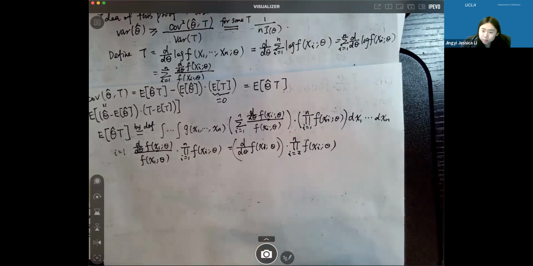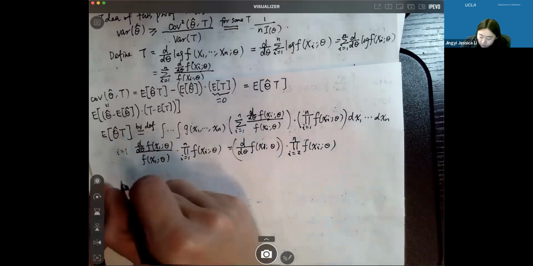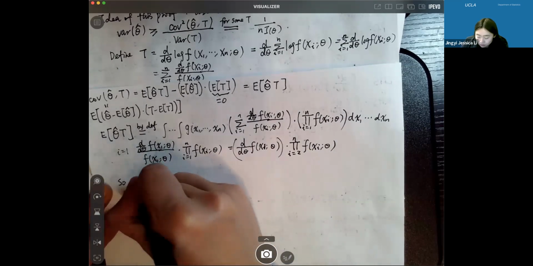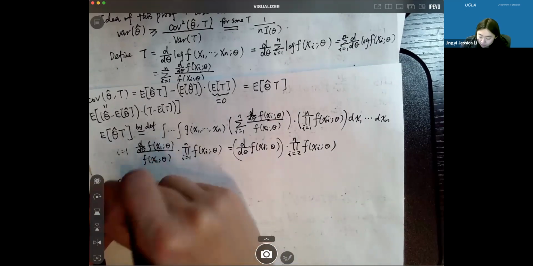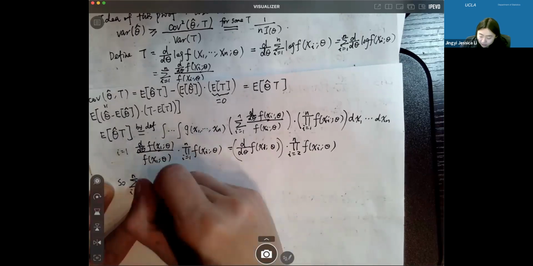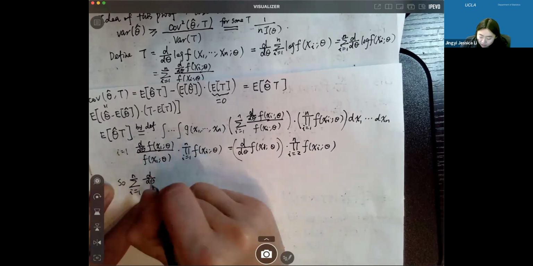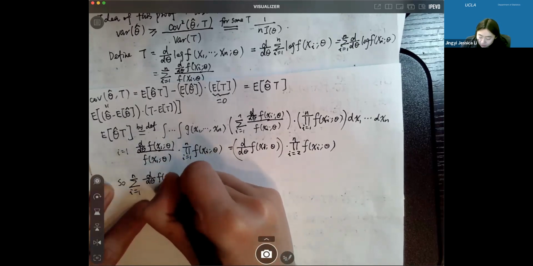So if you see this result, let me put a sum outside, i from 1 to n, d theta f(xi; theta).